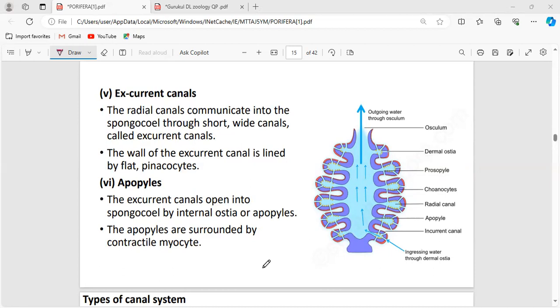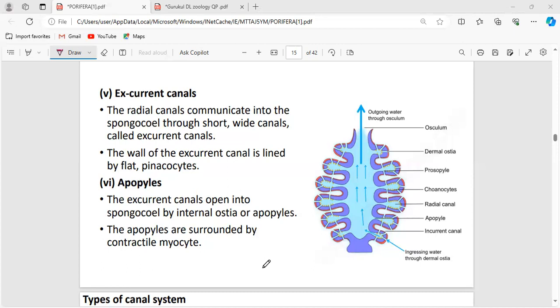And which is the most complex type? Oh, very good, leucon type. The simplest type is ascon, the intermediate is sycon, and the most complex type is leucon.